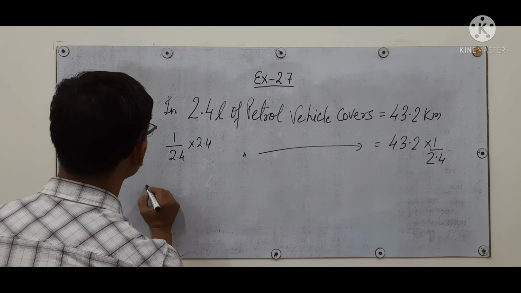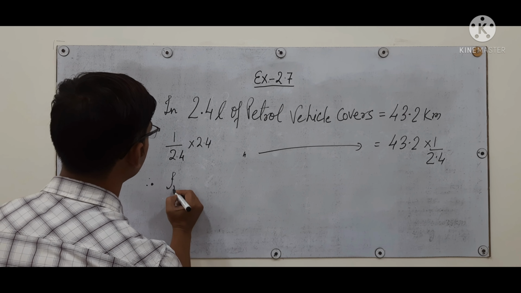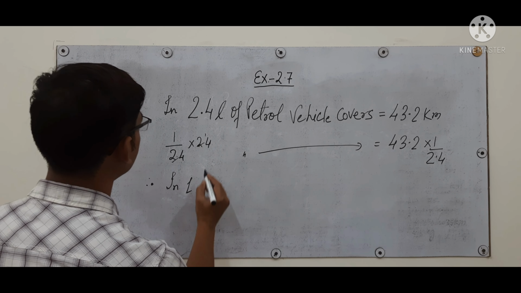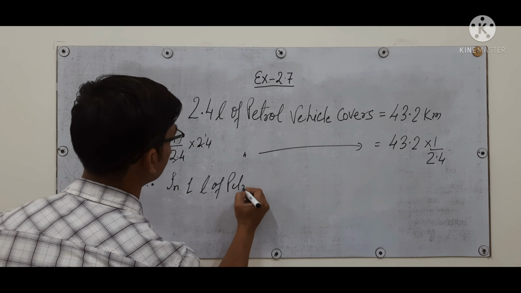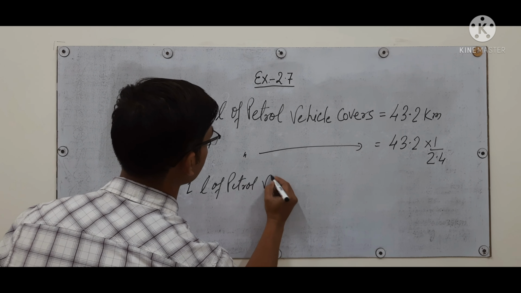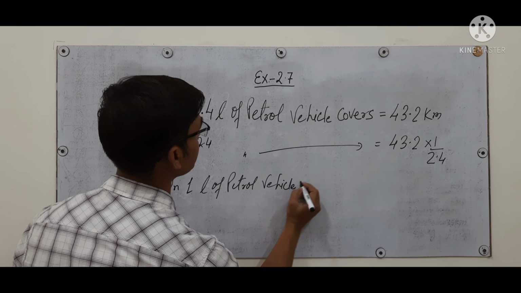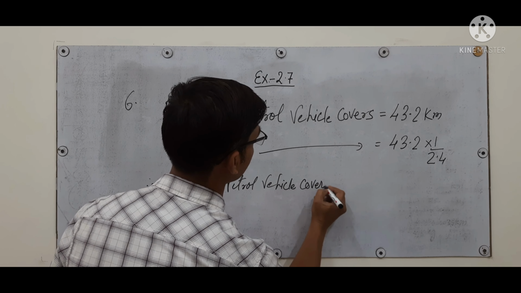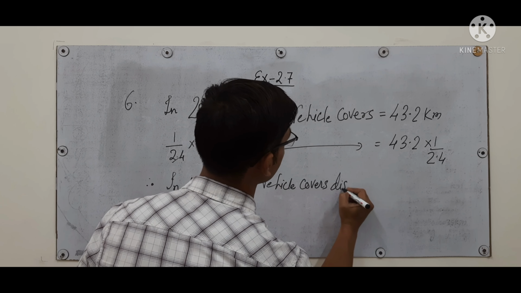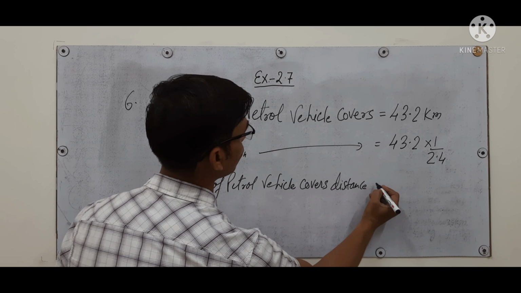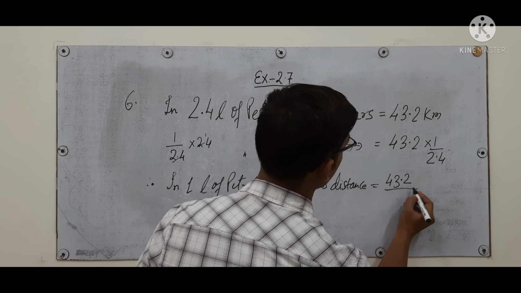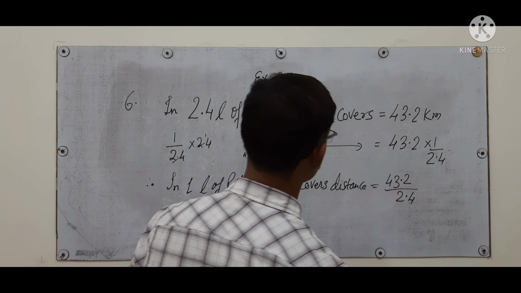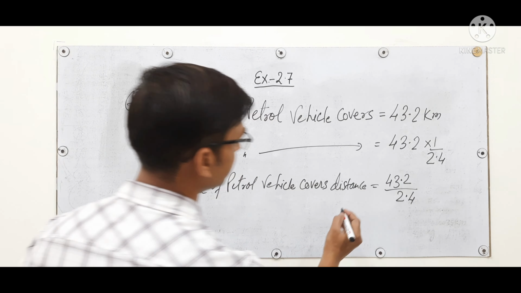So therefore here in 1 liter of petrol, the vehicle covers a distance of 43.2 upon 2.4. Okay, now we will solve it easily.